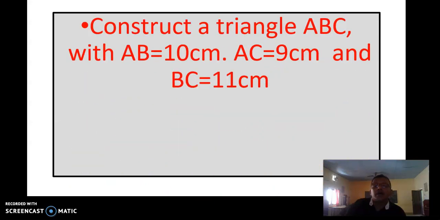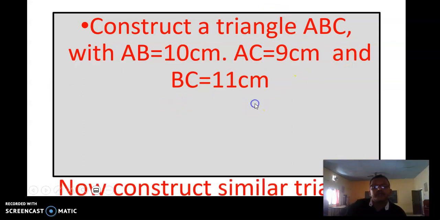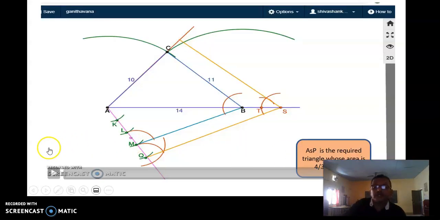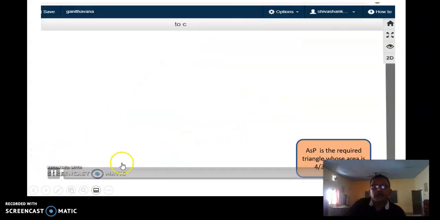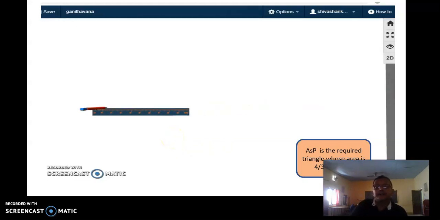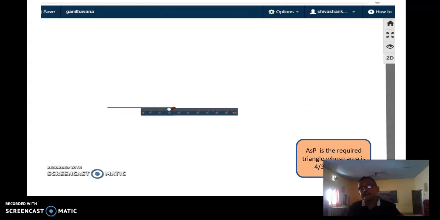So now construct a triangle ABC with AB equal to 10 centimeter, AC equal to 9 centimeter and BC equal to 11 centimeter. Now construct a similar triangle to ABC which is 3/4 of ABC, a bigger triangle than the given triangle. So see here. Now construct a line like this.